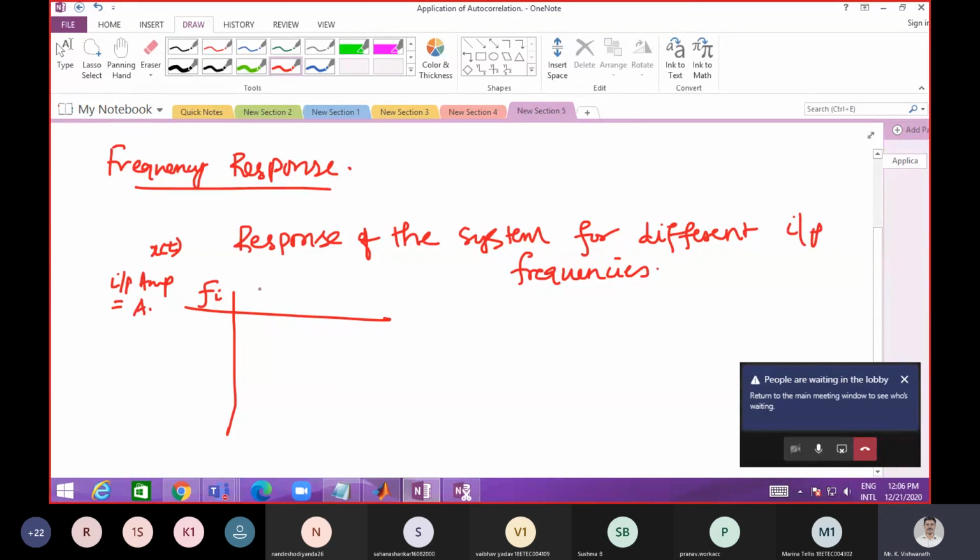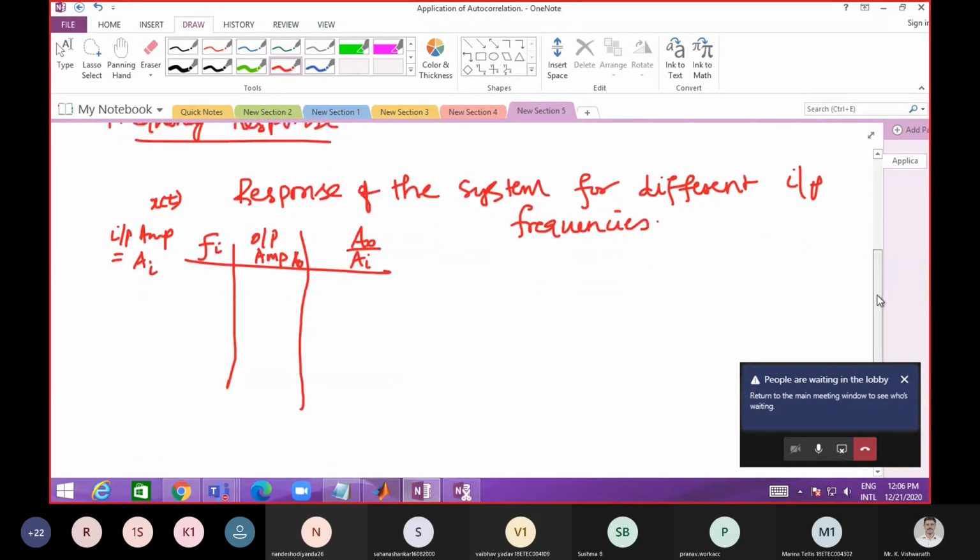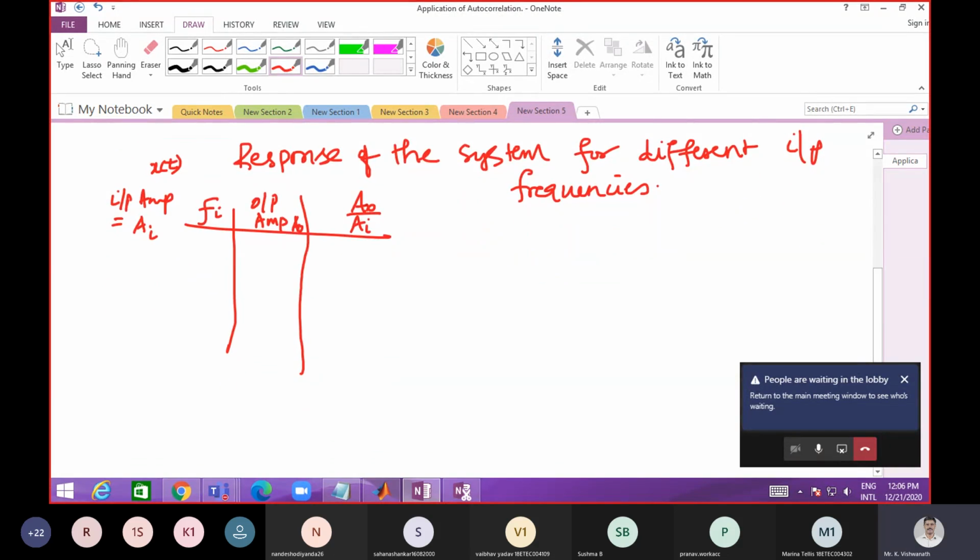Then you find out the output amplitude, that is a naught. Then you find the output amplitude by the input amplitude. The amplitude of the input signal is kept constant, so you calculate this. This will give you the gain factor.